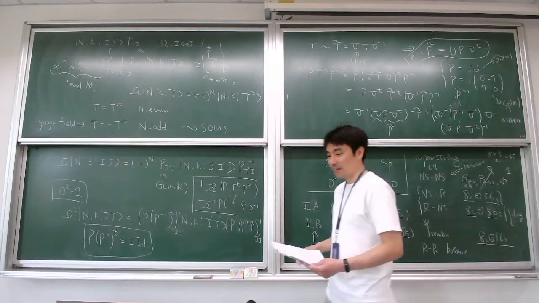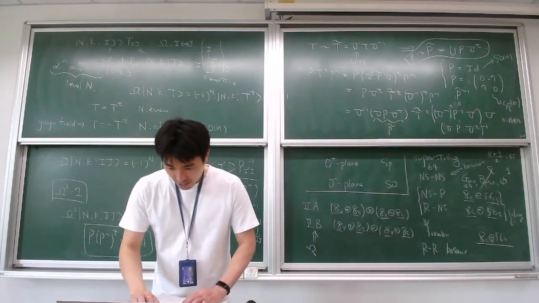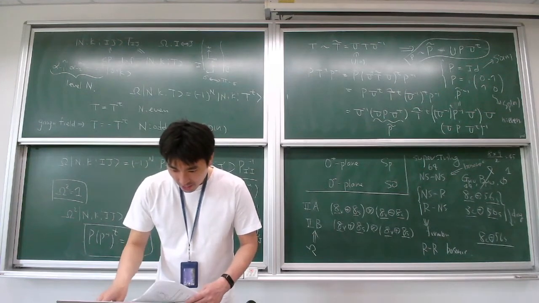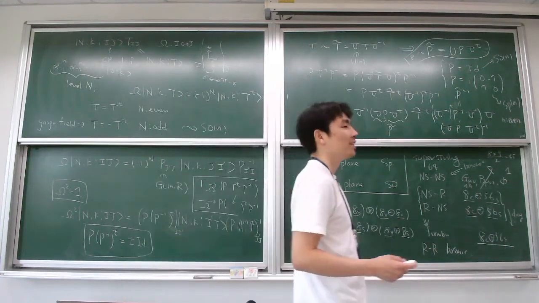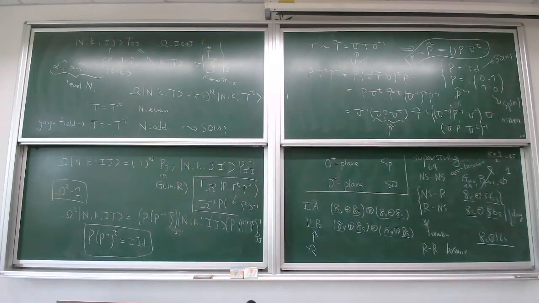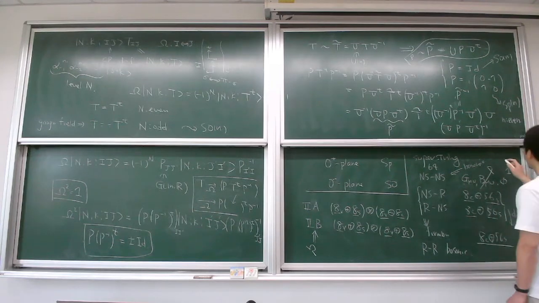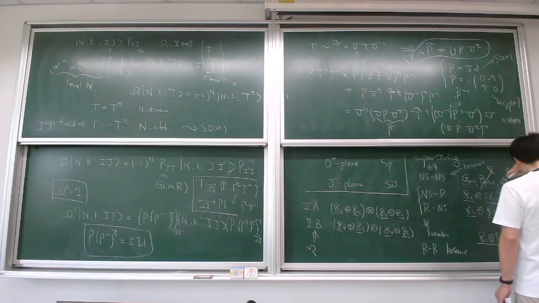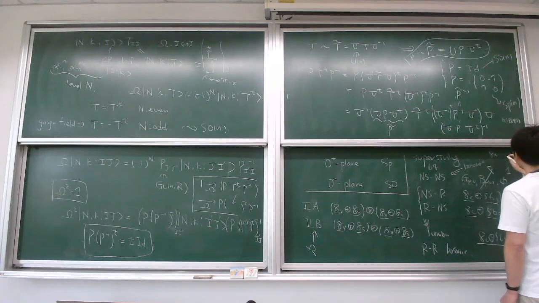Let me check my lecture note. 8 times 8, and symmetric means what?